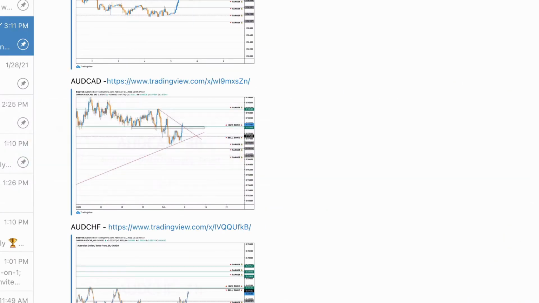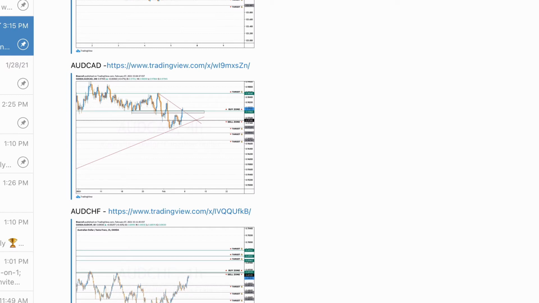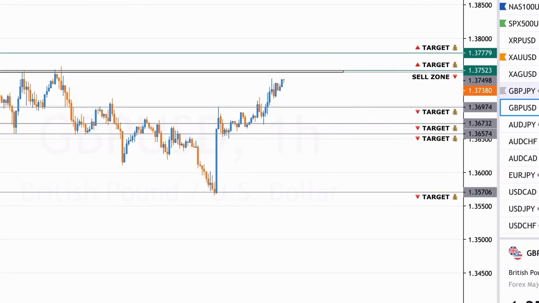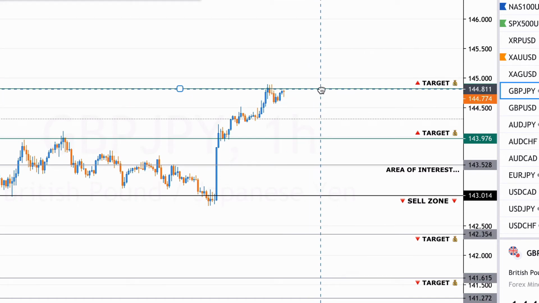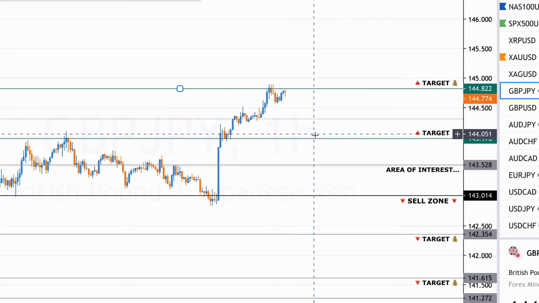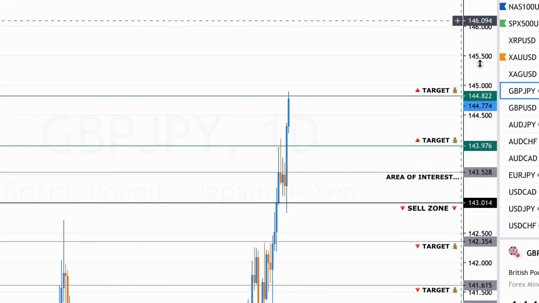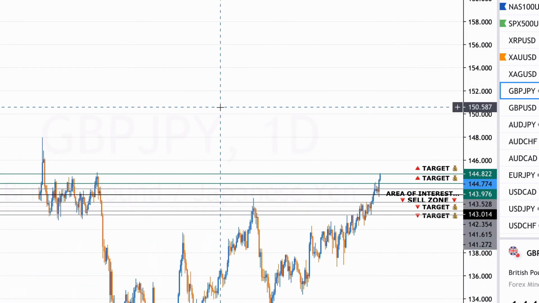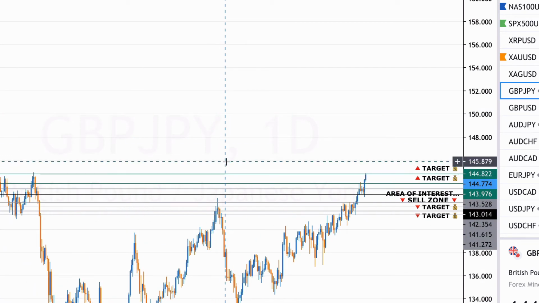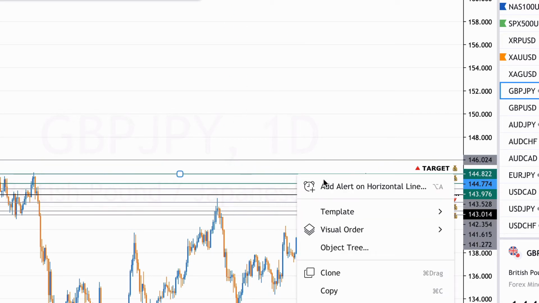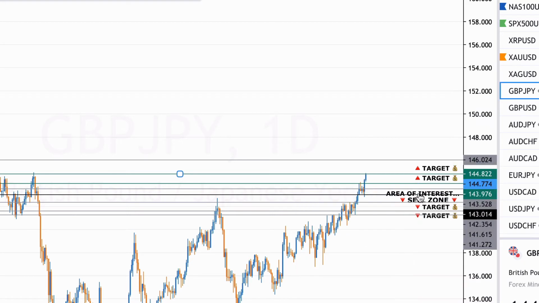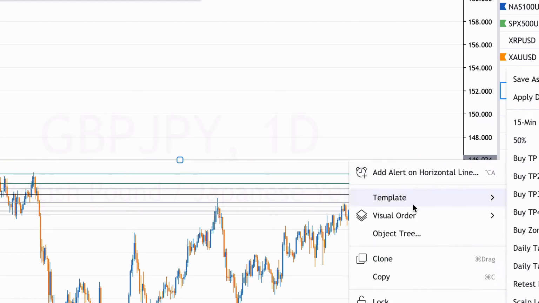GBP USD. GBP JPY is similar. If it breaks, there's your target right there. So this is a buy zone. This is a target.